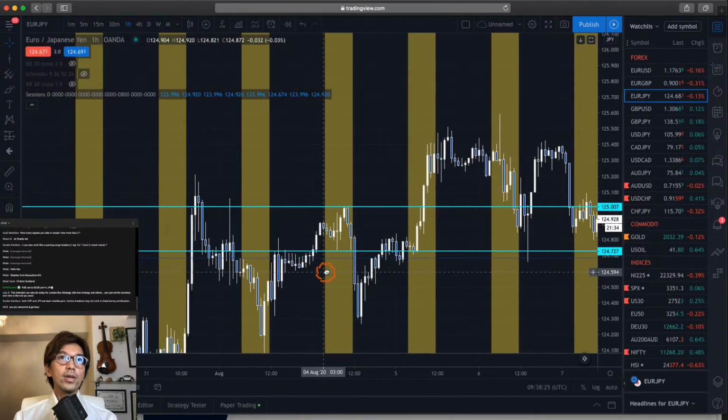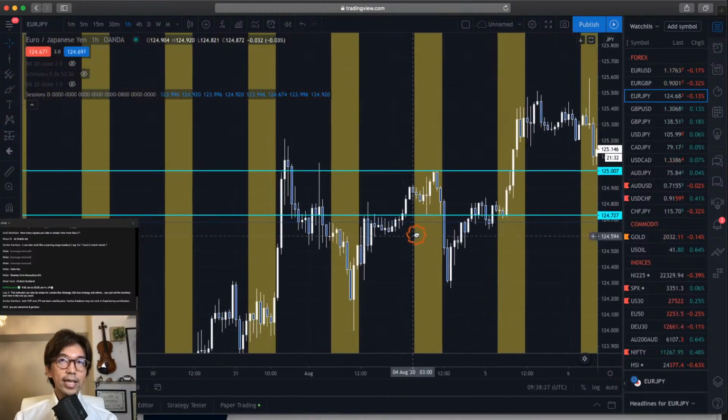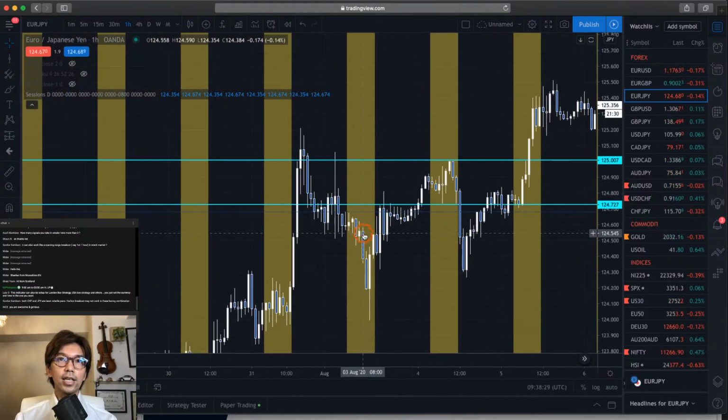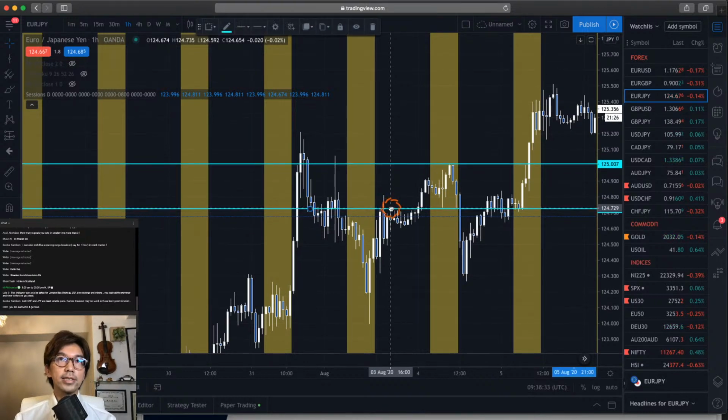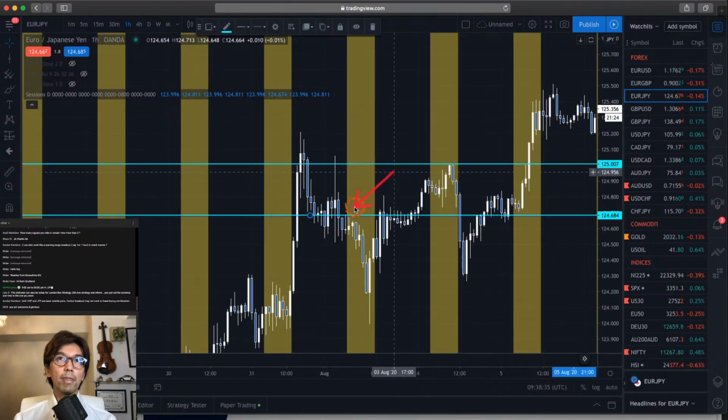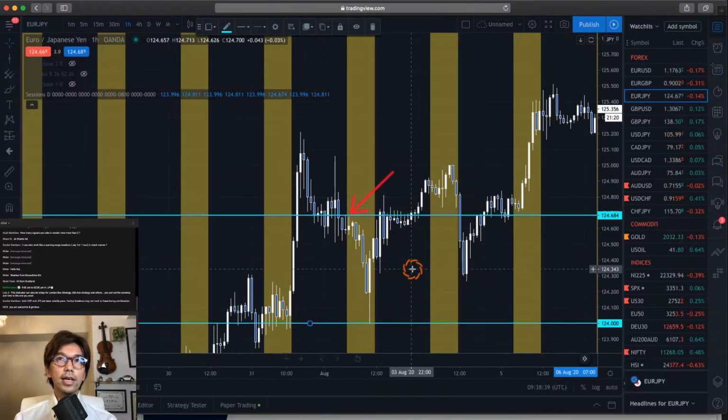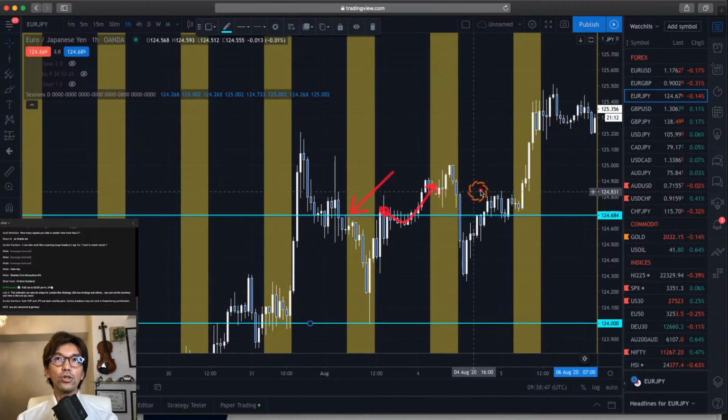And let's even look at the previous day, the 3rd of August. The highest price was right here, and the lowest price on that day was right here. Afterwards the price broke upwards, and it went downwards once, but it went upwards gradually, and you must be able to run some profit here.